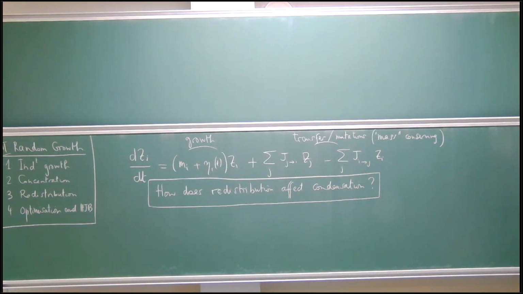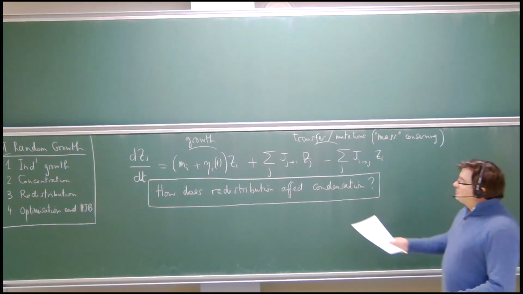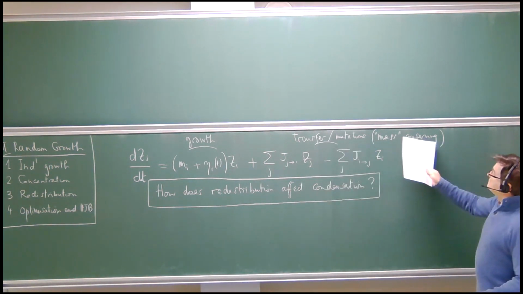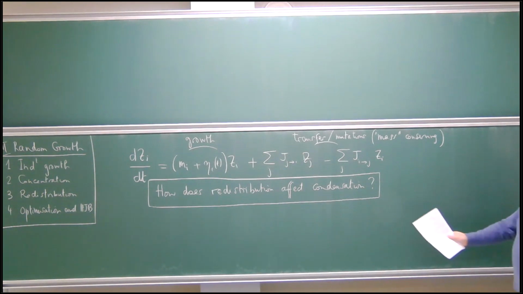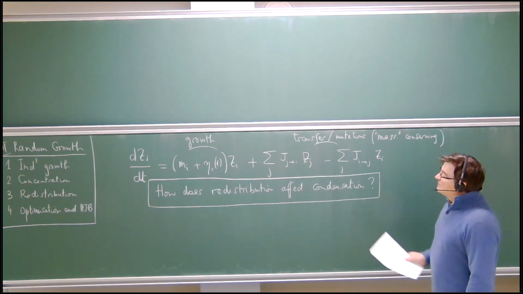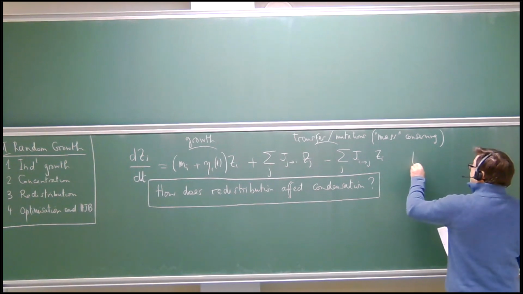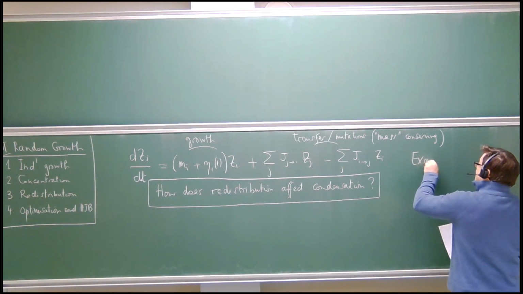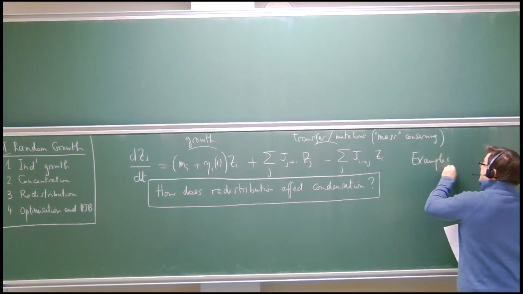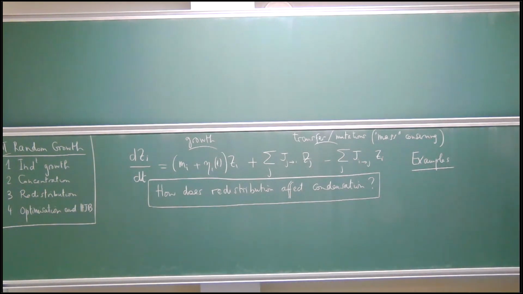So as I said, apart from this general observation that these terms are mass conserving, there's little you can say about this equation in full generality. So one has to make the model a little more specific in order to say anything. So I'm going to give a few examples and tell you more about these specific examples.